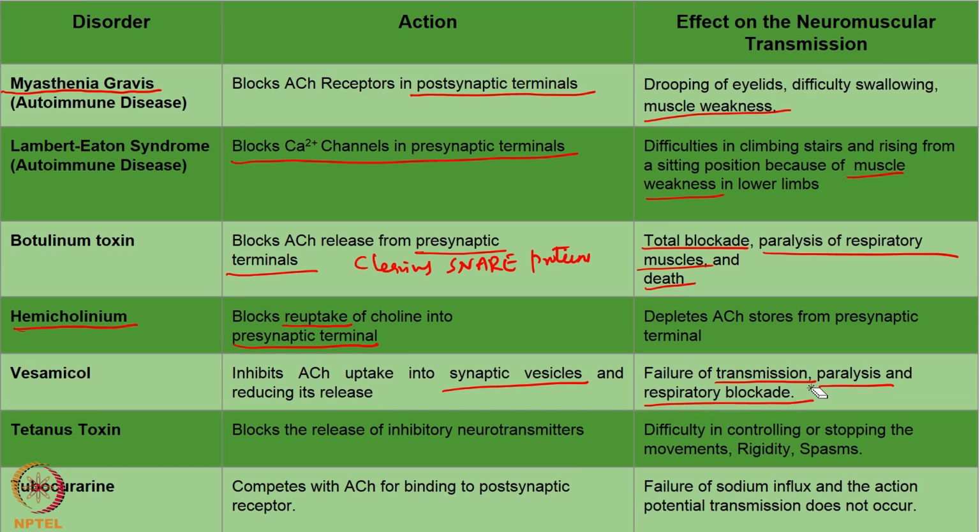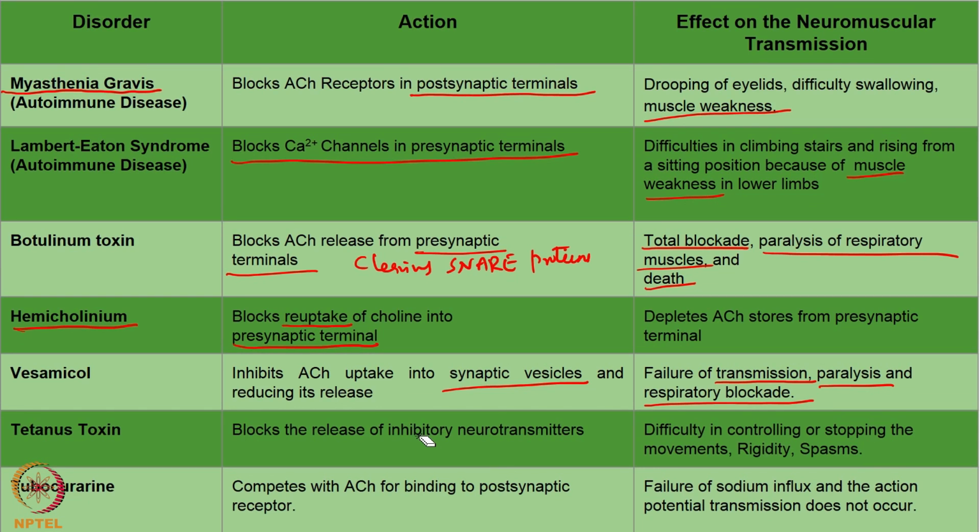Tetanus toxin blocks the release of inhibitory neurotransmitters, not the excitatory neurotransmitters, thus reducing the possibility of neutralizing the effect of acetylcholine.